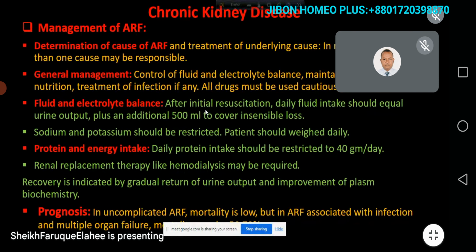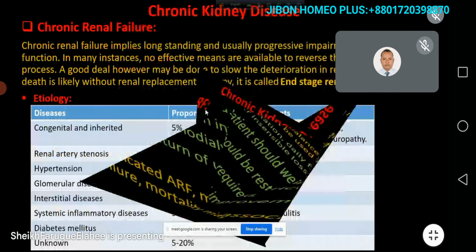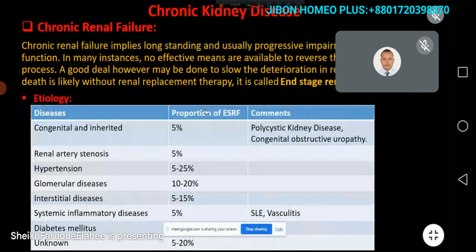Now we are going to chronic renal failure. This is the case that comes to us. And I'm sure many of our colleagues are getting more and more kidney failure patients nowadays, because when there is chronic renal failure, the allopathic nephrologists have set programs for dealing with it.